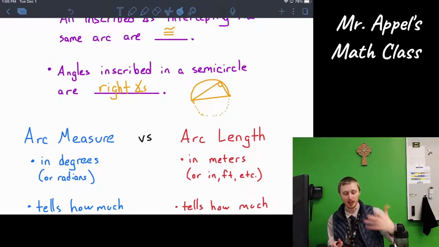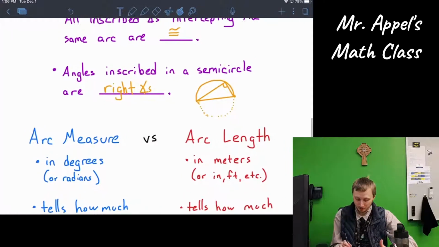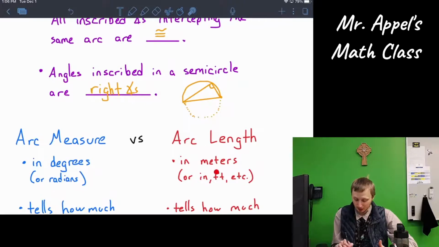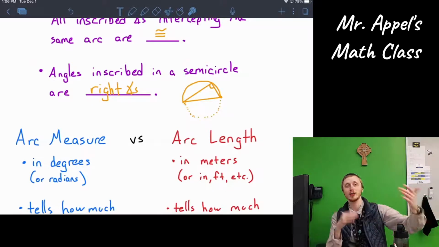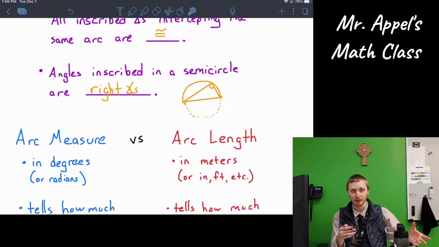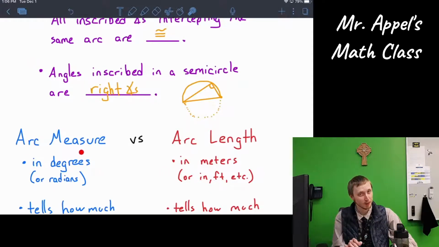And just as it sounds, the arc length is measured in meters or inches or feet, etc. Any other unit you would use to measure length. Arc length is a length. You measure it exactly the same way. Whereas arc measure, as we've been using it, is in degrees or radians, okay? Just like an angle.